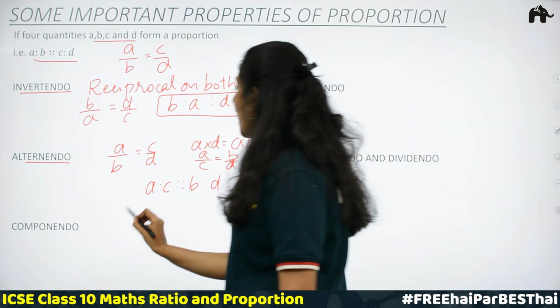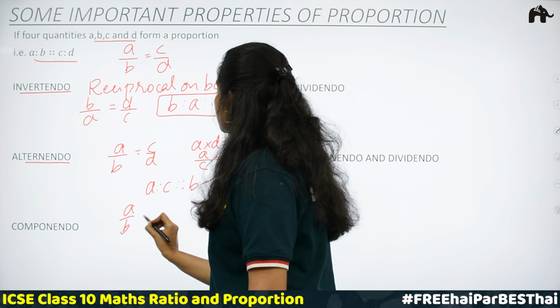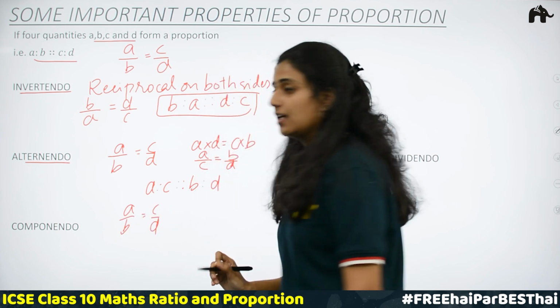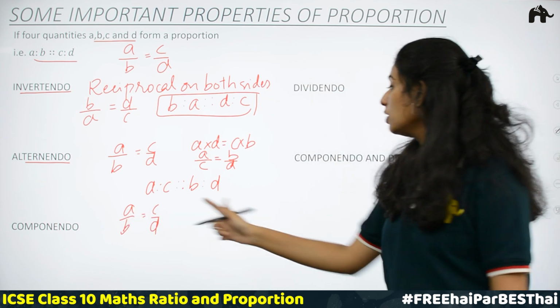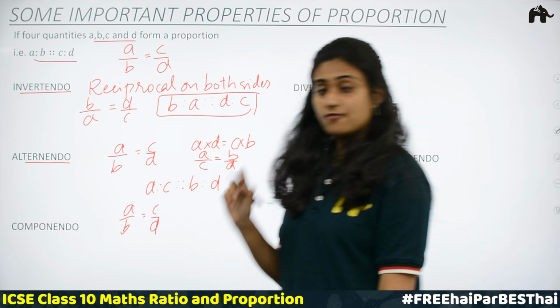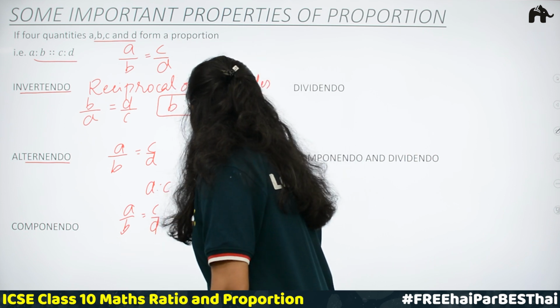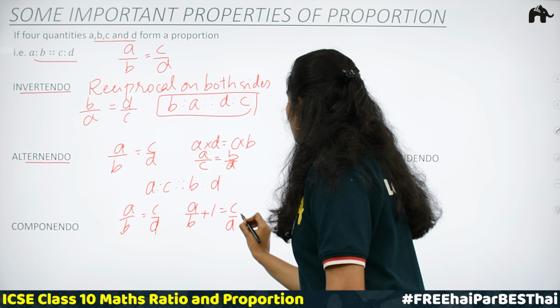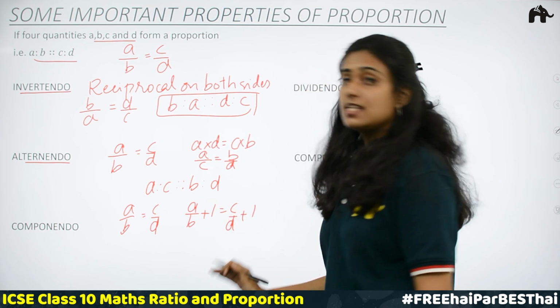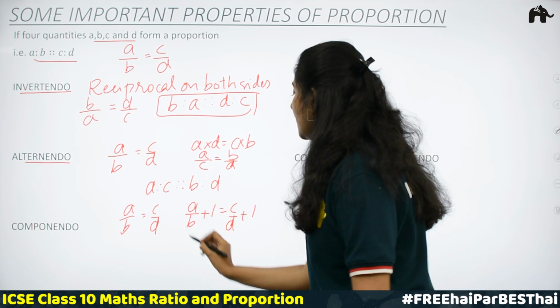Next is componendo. Here, if you have A by B is equal to C by D, then we are going to add the same term on both sides. Here I am going to add 1. A by B plus 1 will be equal to C by D plus 1 because we are adding the same term. Now here, what is the LCM?